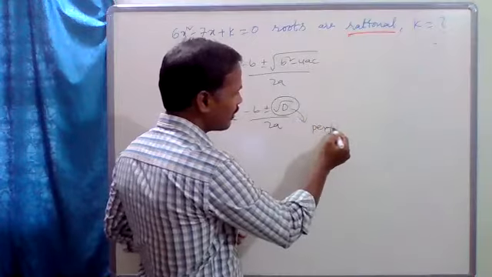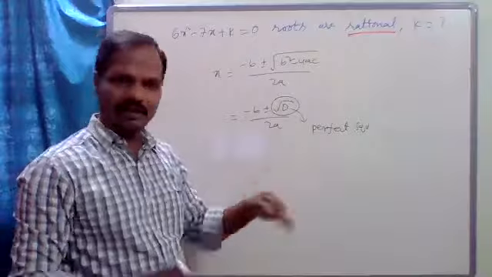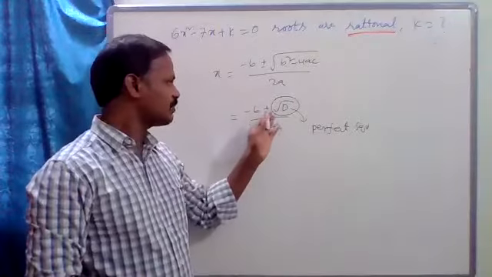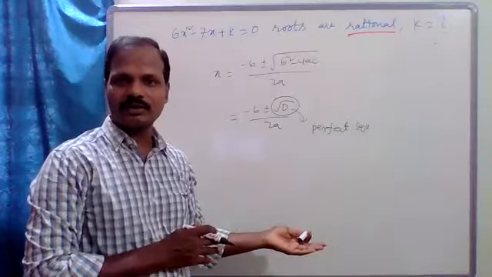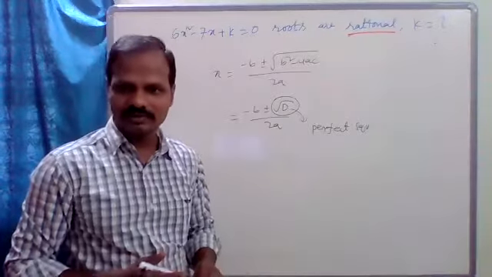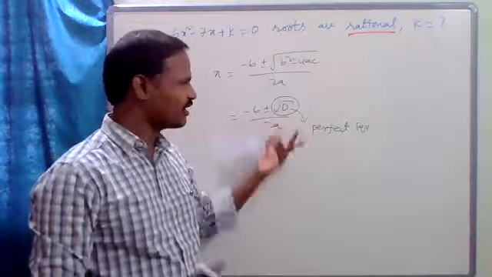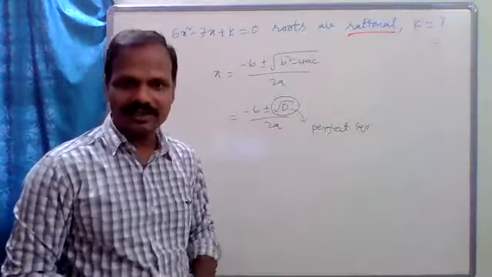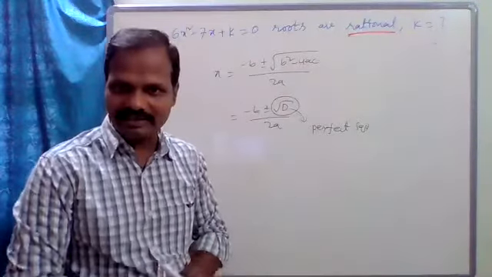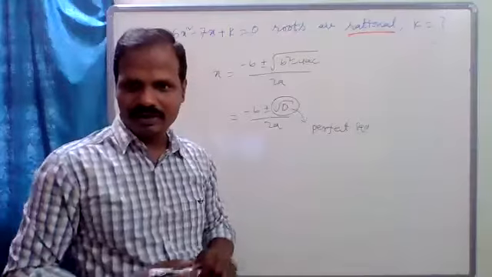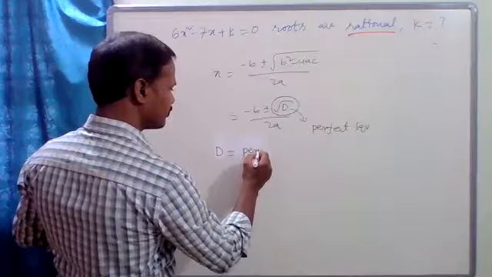If D is a perfect square, then the root will be eliminated, and you will get minus b plus or minus some t by 2a. So plus gives one rational root, minus gives another rational root. D equal to 0 or not equal to 0 is a different case. When the roots are rational, D must be a perfect square. That is the most important point.